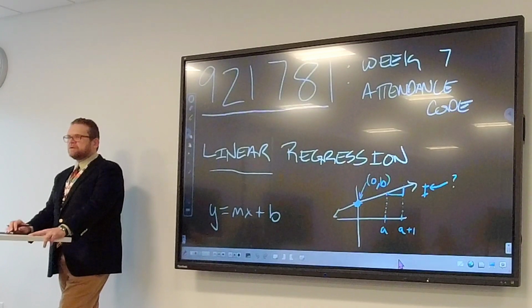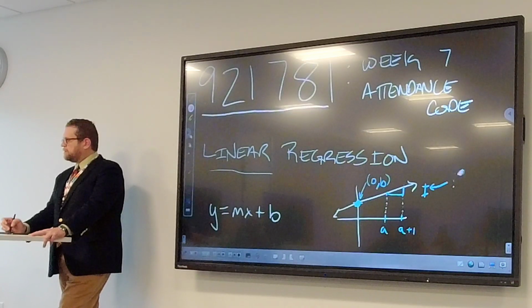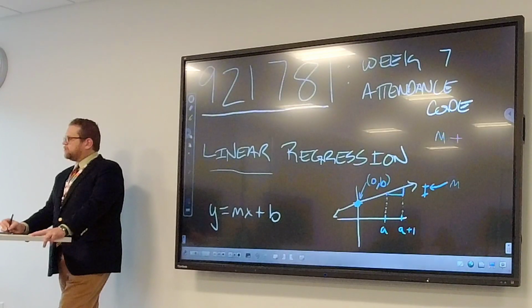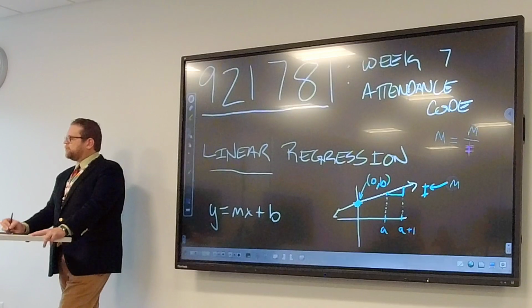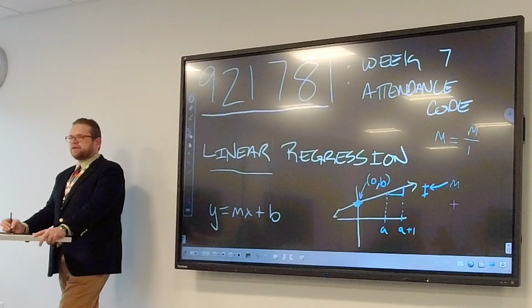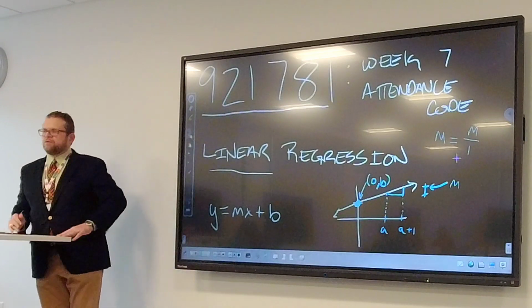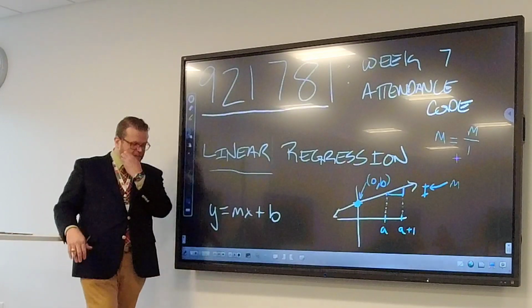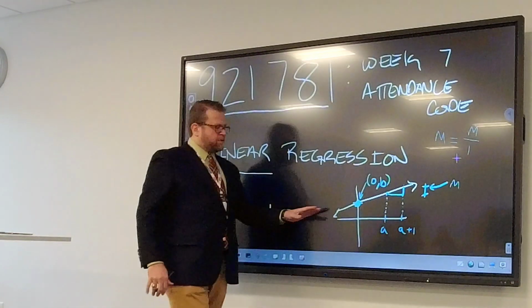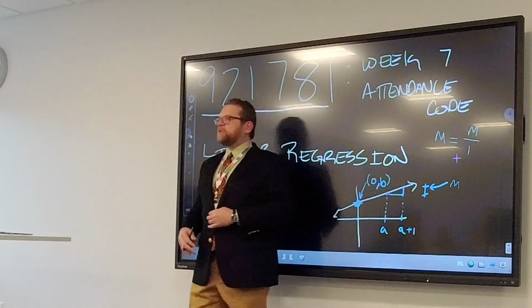M. M certainly equals m over 1. And I've indicated for you here that the run was 1. So this is your refresher on what happens with a line, okay?